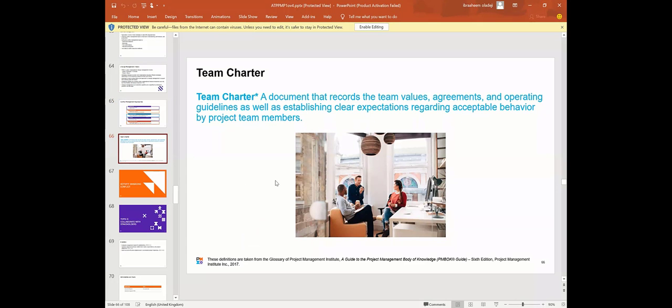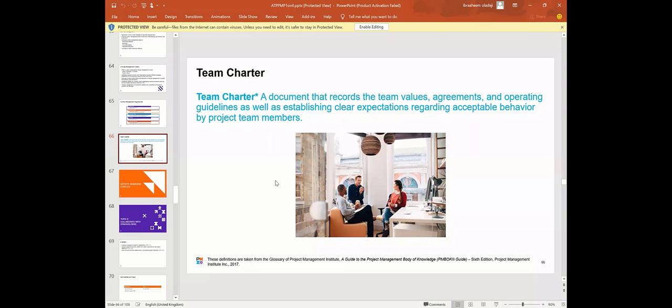So we've come across the team charter numerous times already. I think the last time we saw it was in the build-a-team topic, similar to that concept of a WhatsApp group. When you join a group, they give you a set of instructions: don't do this, do this.